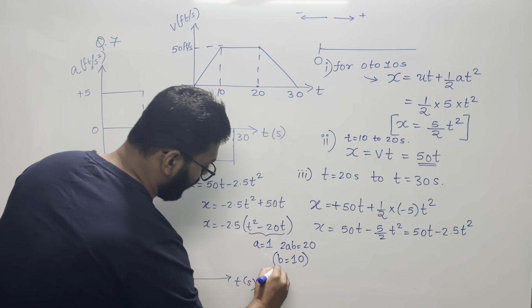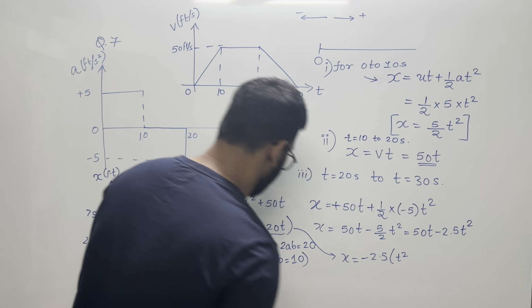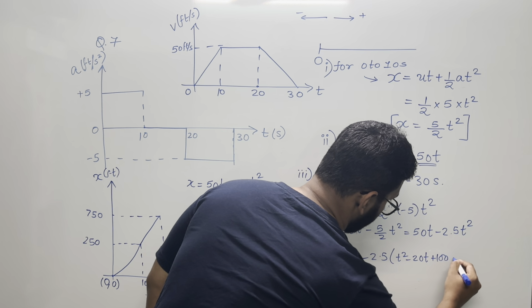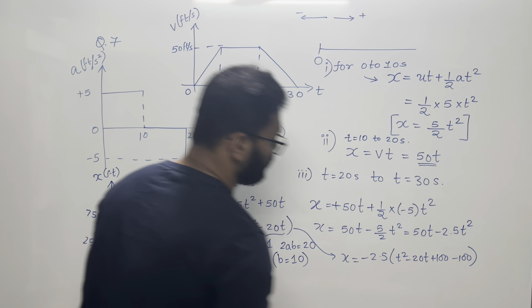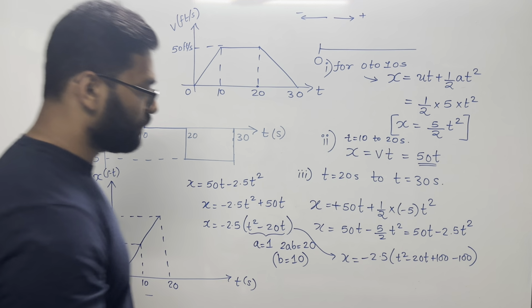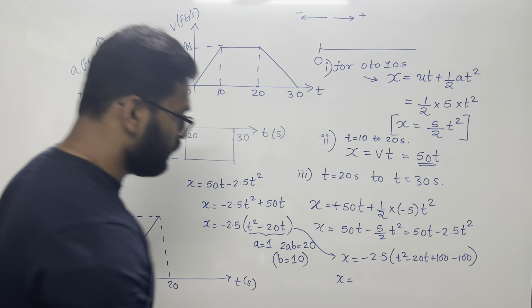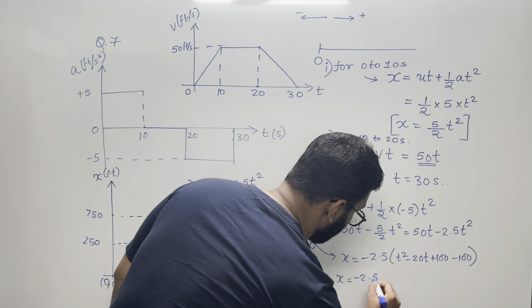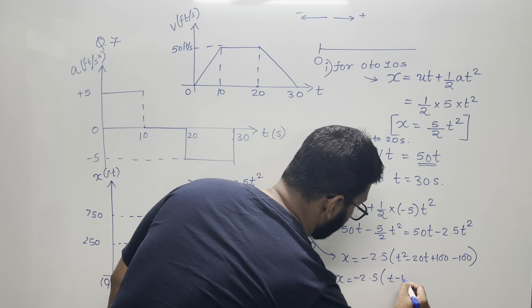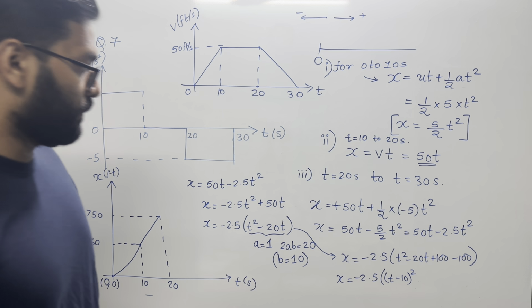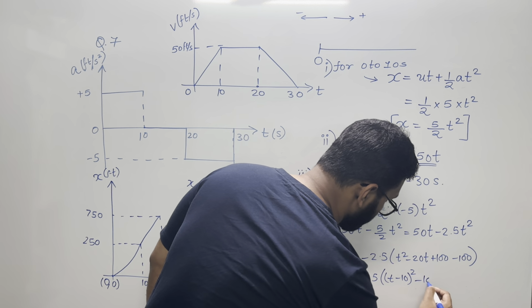So if I do that, I will get x is equal to minus 2.5 into t square minus 20t plus 100 minus 100. This is what I get. So this x becomes minus 2.5, and this you can see as t minus 10 whole square minus 100.